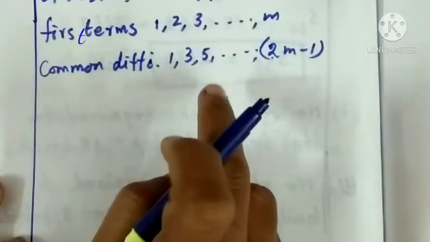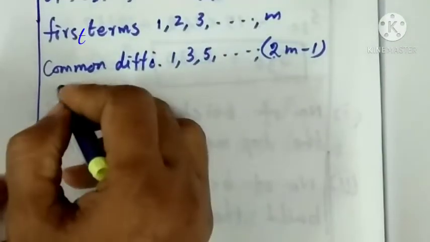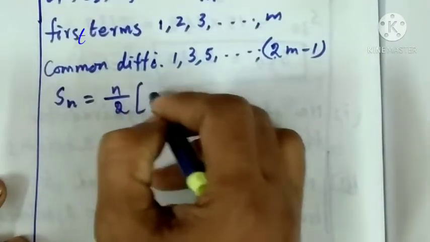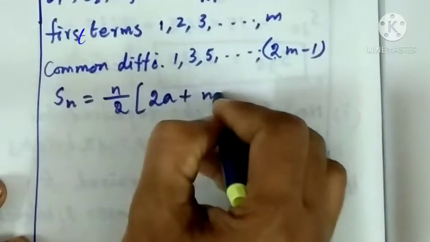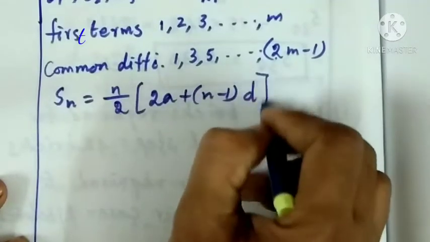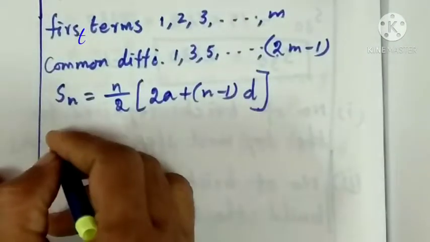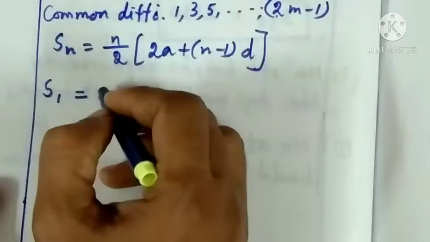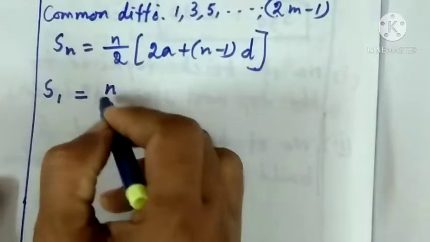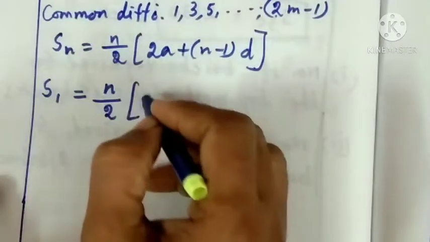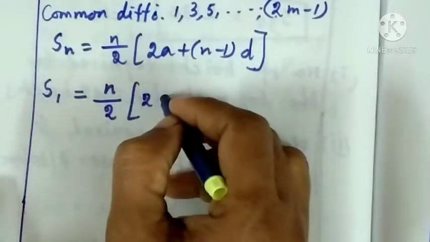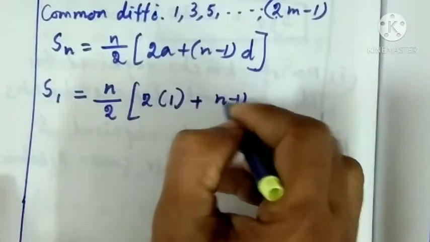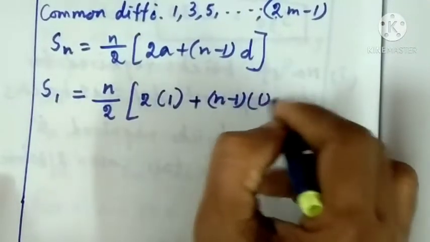We know the first term and common difference, so you have to use the Sn formula: n by 2 into 2a plus n minus 1 into d. That is, S1 is equal to, the value of n is n only, so n by 2 into 2, here a is 1, plus n minus 1 into d, also 1.